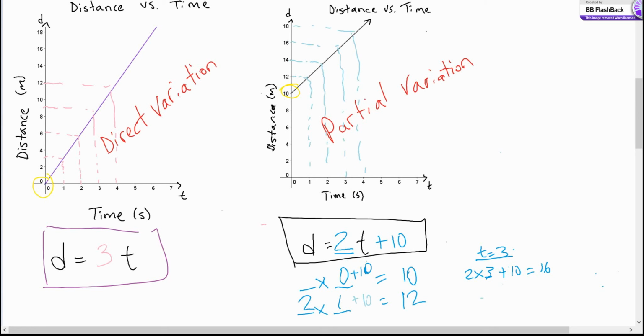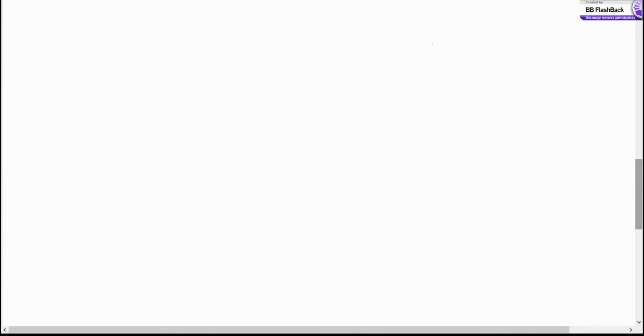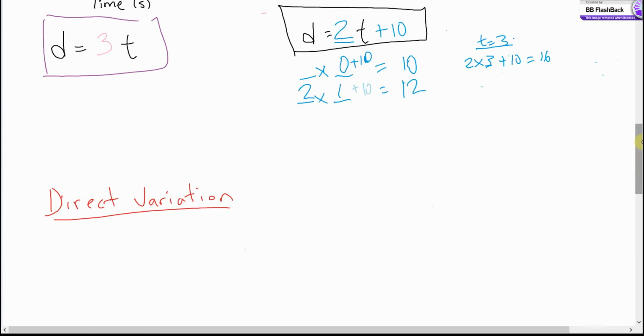Alright, so we have found the equation. In general, direct variation will always pass through 0, 0, and the equation will always look something like the dependent variable is a number times the independent variable.